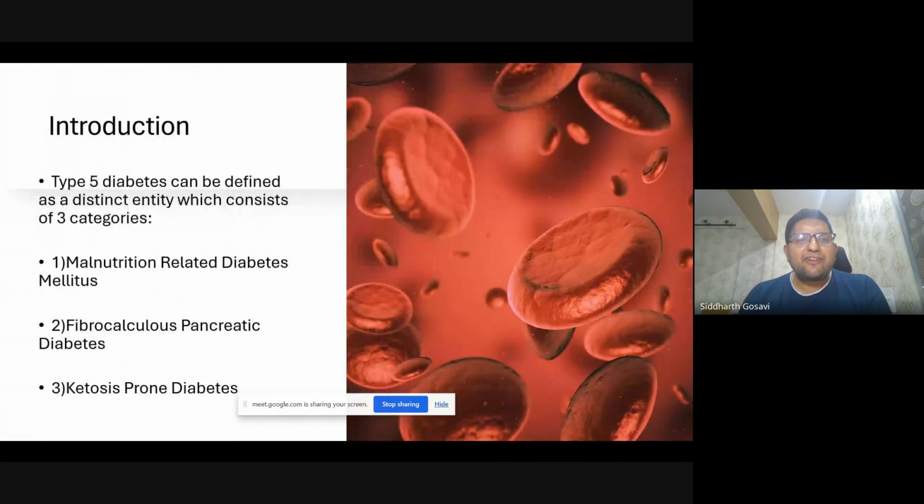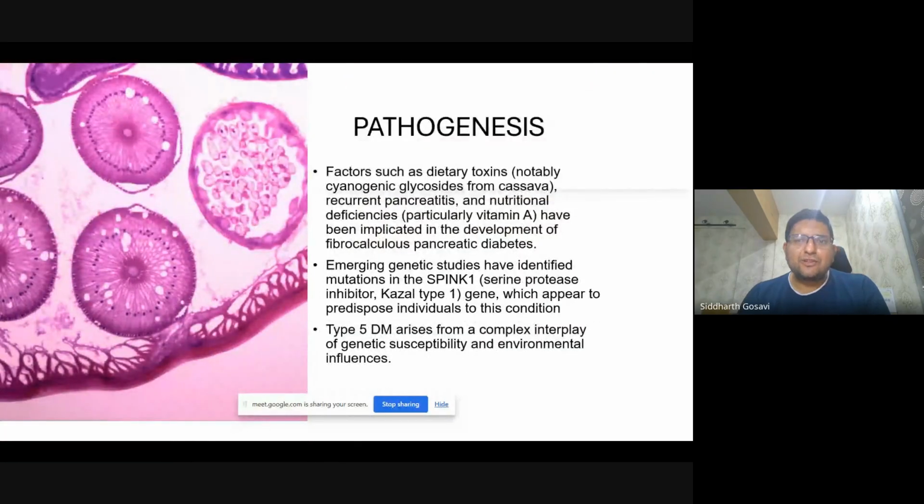Type 5 diabetes is actually a distinct entity which consists of 3 categories. First is the malnutrition related diabetes mellitus, fibrocalculous pancreatic diabetes, and ketosis prone diabetes. Very common factors are the dietary toxin intake of the cassava, also called tapioca, and recurrent pancreatitis and nutritional deficiency, particularly vitamin A, have been implicated in the development of fibrocalculous pancreatic diabetes.